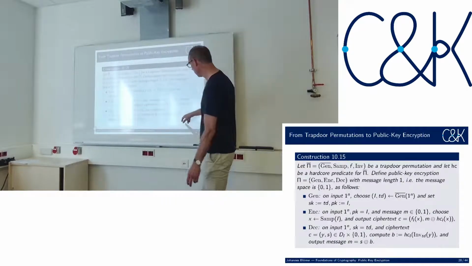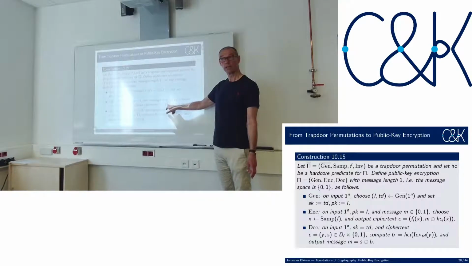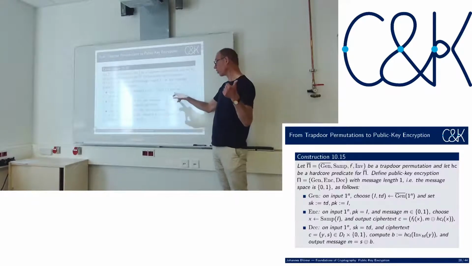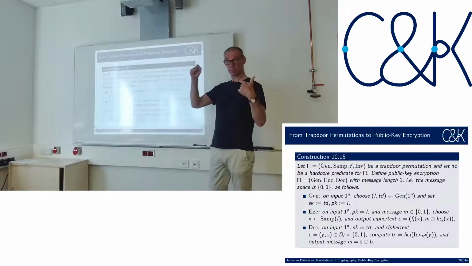How do I compute the bit? I do the obvious thing. I first invert this guy here, which I can because I have the trapdoor. And because it's a permutation, it gives me my original x back, not some other preimage. It must be x.